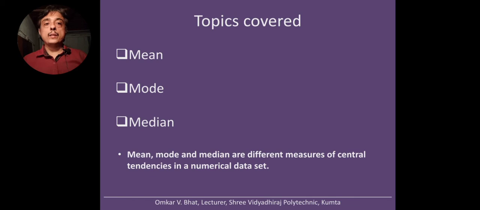Numerical data set means a data set which contains numerical data, that is, a data set which contains quantitative data. So for quantitative data, we can calculate mean, mode and median. So let us see how these things are calculated.